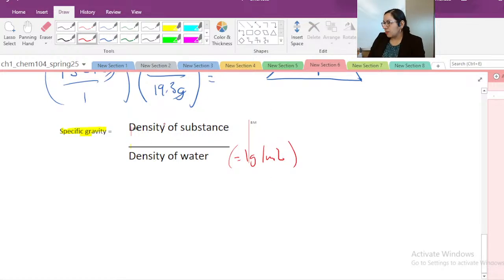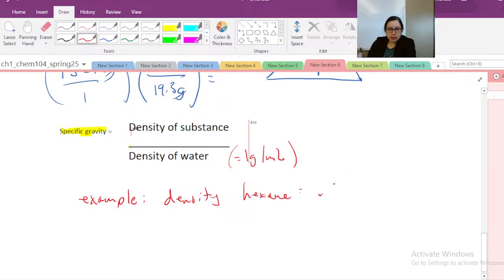Again, in my opinion, this gets kind of silly, but we should go for our definition. Let's just look at an example of what it's trying to say. The density of hexane, for example, is 0.659 grams per milliliter.